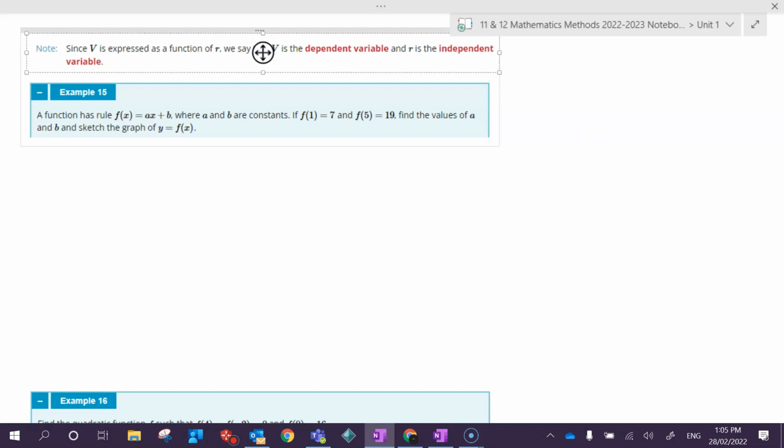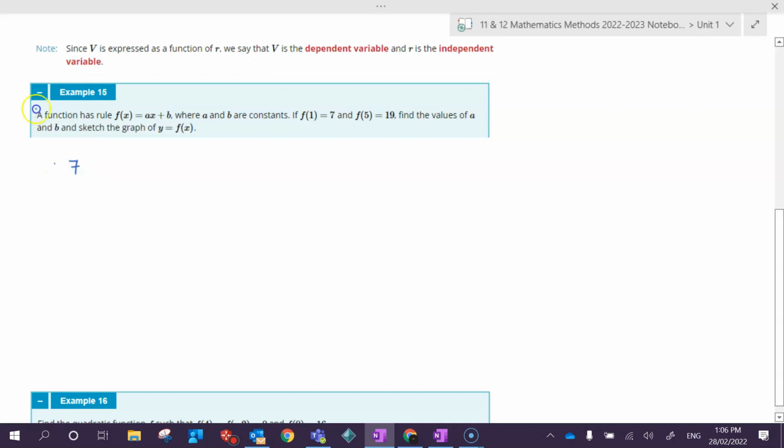What other questions have we got here? A function has a rule f of x equals ax plus b, where a and b are constants. f of 1 equals 7, f of 5 equals 19. Wow, this is just a fancy way of saying solve the simultaneous equations. Let's see, f of 1 equals 7. So I can say f of x, I'm going to call that 7, is equal to a times 1 plus b, which of course is just going to simplify to 7 equals a plus b.